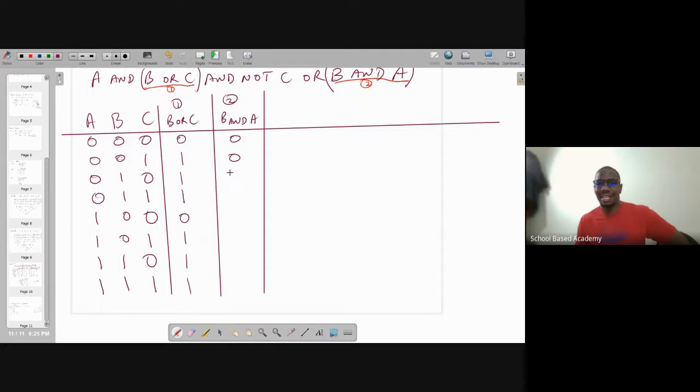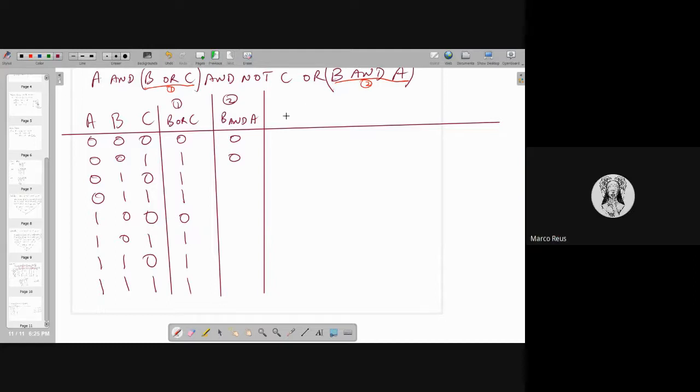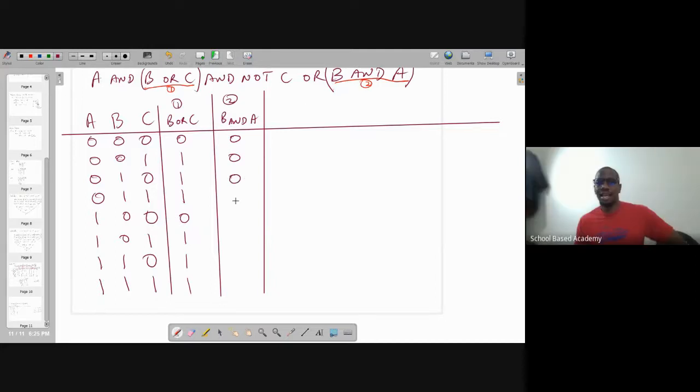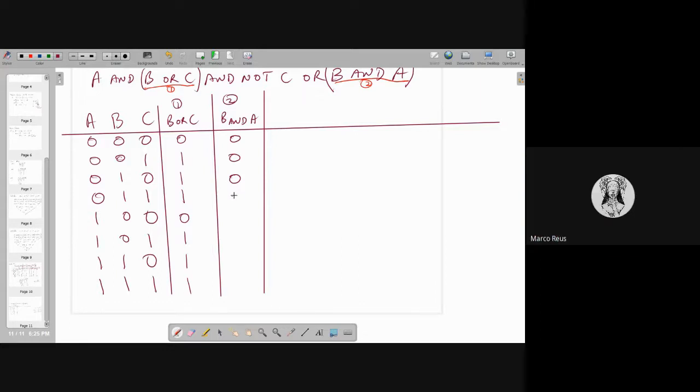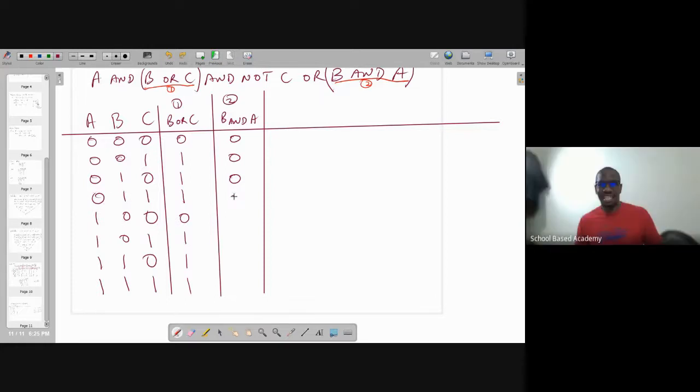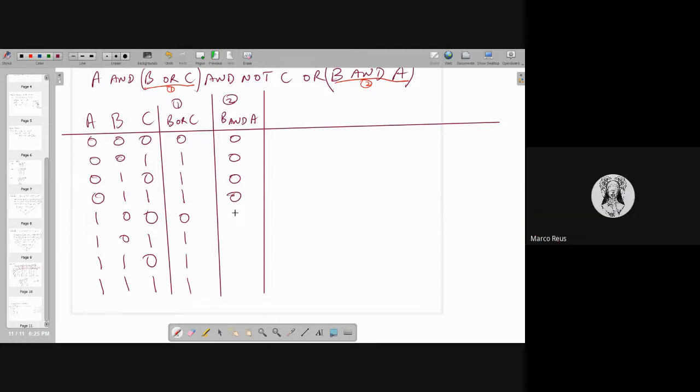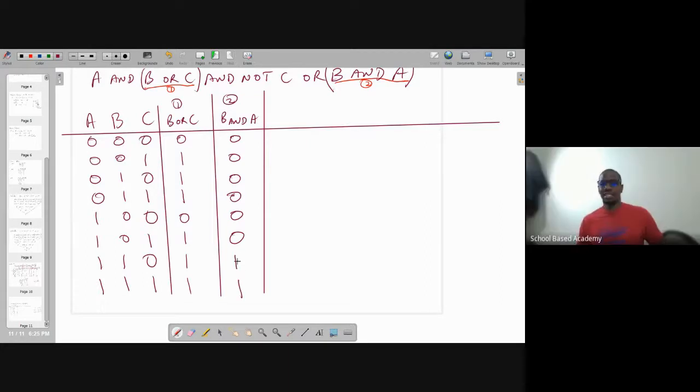B and A. Remember the rule for and is that both have to be true. So it would be 0. Yes, so it's 0 again. We'd be looking at these two. I see it, sir. 0, 0, 0, 0, 1, 1, 1.